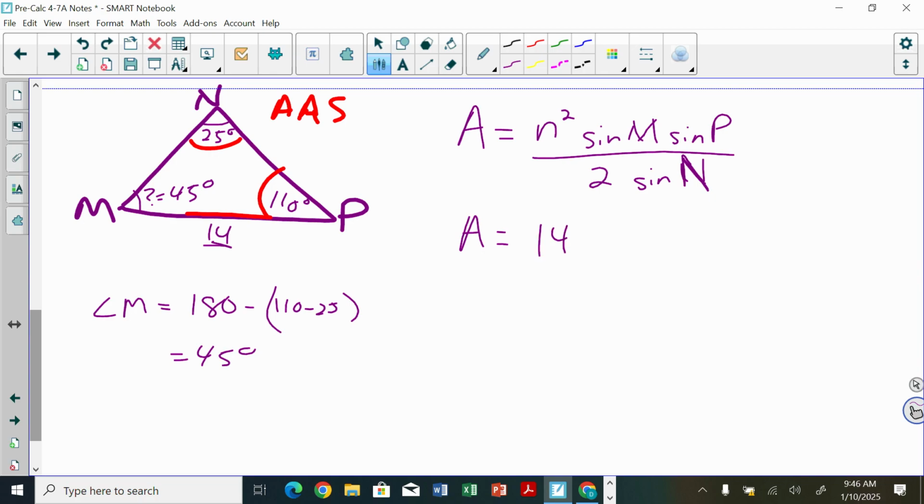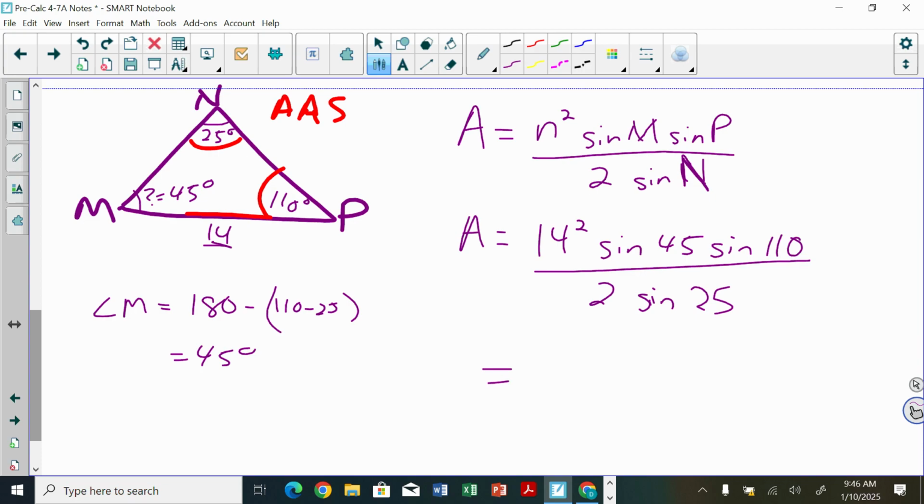I know that N is 14 squared times the sine of M, which is 45, since we found that out, times the sine of P, which is 110, all over 2 times the sine of 25. And I can calculate that all out, and you'll get an area of about 154.1 feet squared.